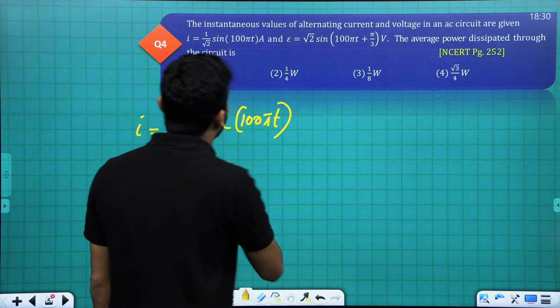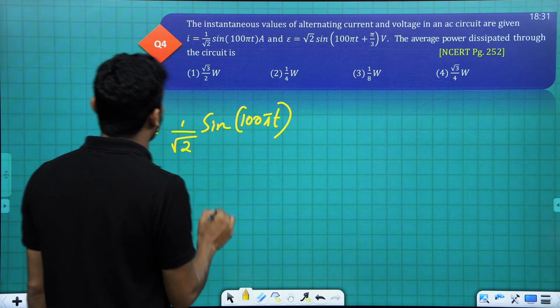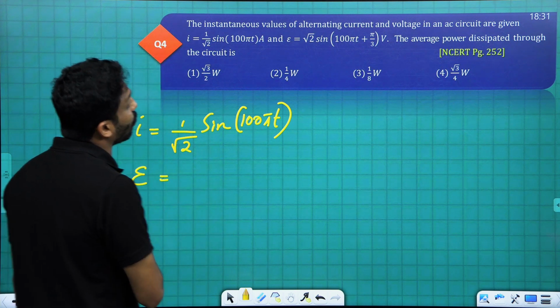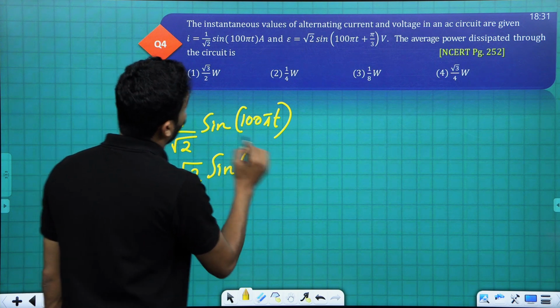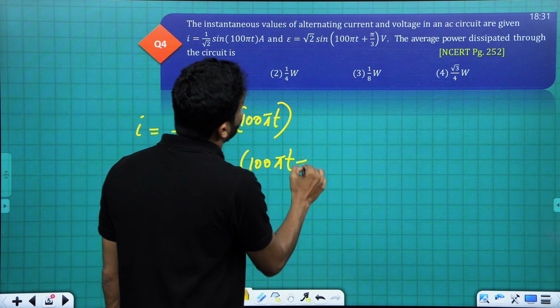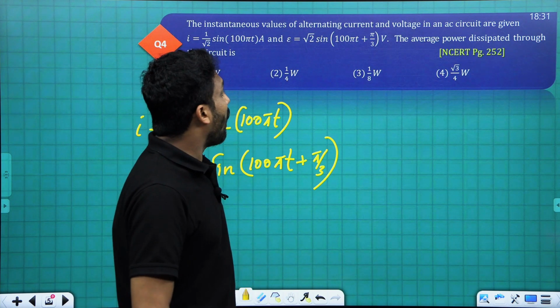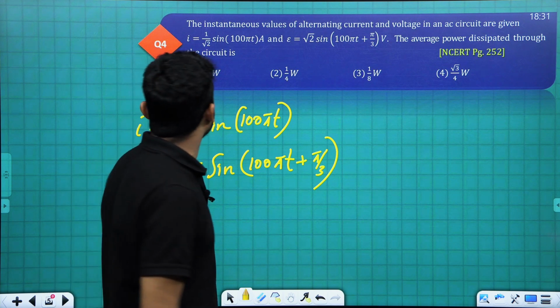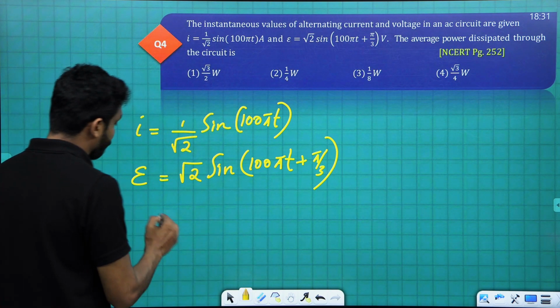This is the instantaneous current given, and the instantaneous voltage is given as E is equal to root 2 into sine of 100 pi t plus pi by 3. Good. Question is, the average power dissipated through the circuit is, the average power dissipation.